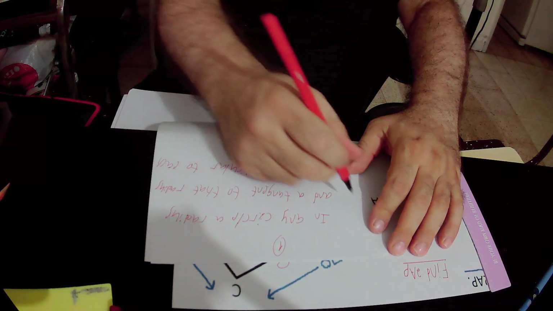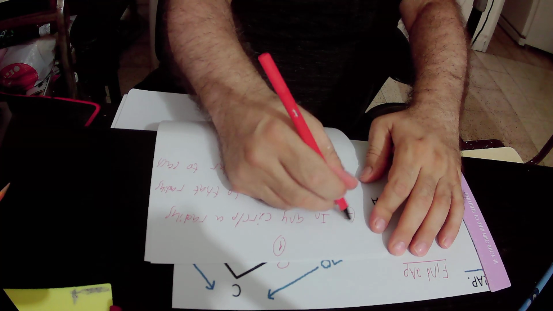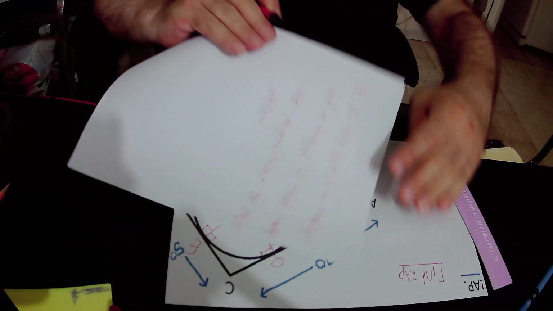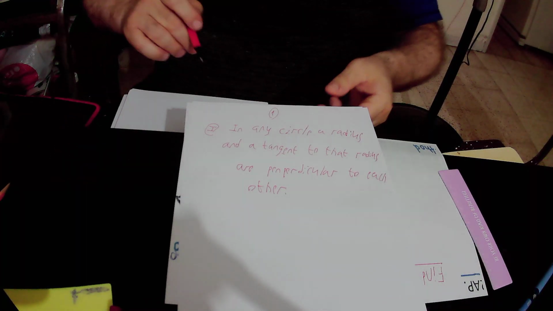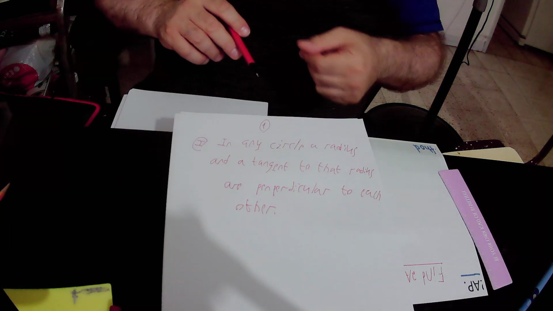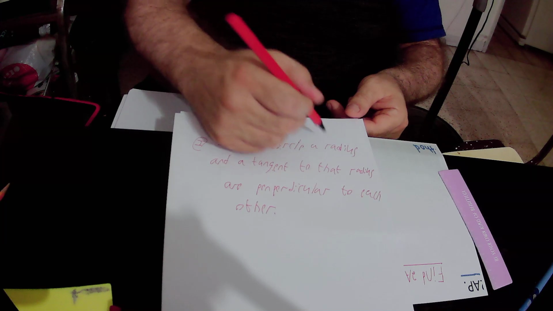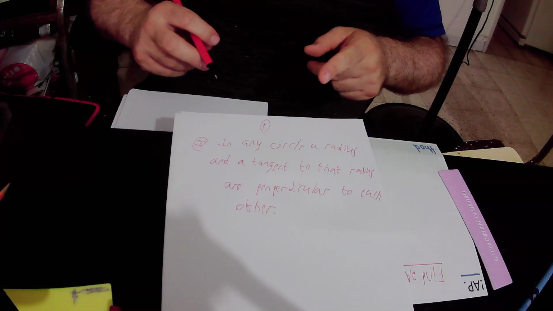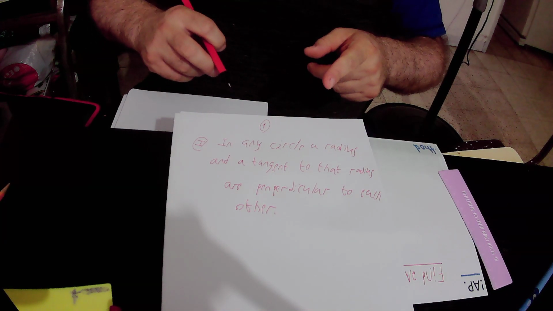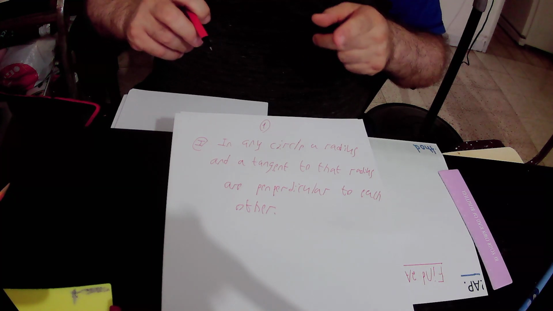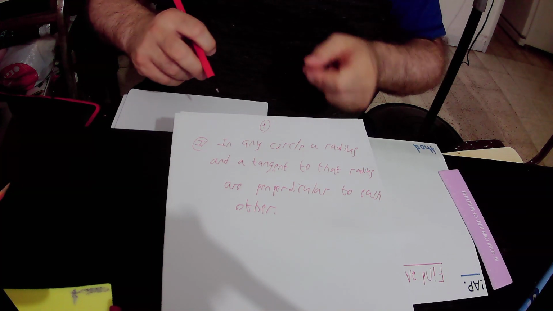So the first rule is that in any circle, a radius and a tangent to this radius are perpendicular to each other.